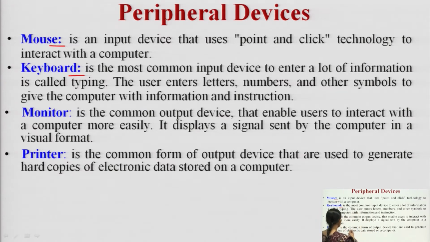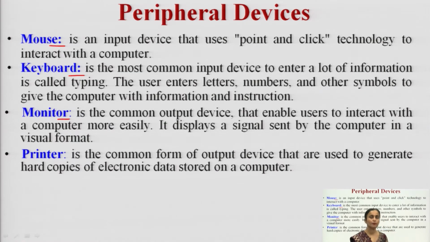Then the third type is the monitor. It is a most commonly used output device that gives the user the facility to interact with the computer more easily. It displays the signal that is sent by the computer in a visual format.